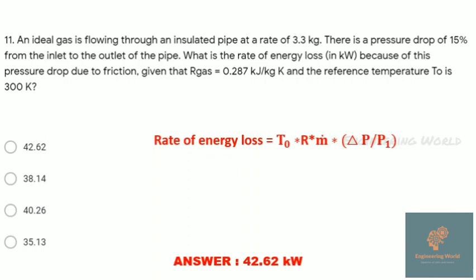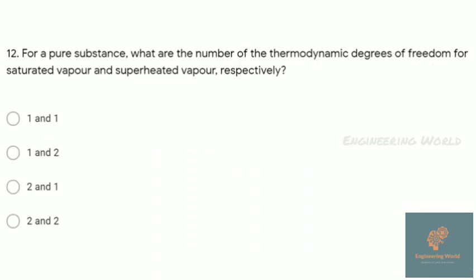So the next question is, for a pure substance, what are the number of thermodynamic degrees of freedom for a saturated vapor and superheated vapor respectively? We have to find it by Gibbs phase rule, which is P plus F is equal to C plus 2, where P is the number of phases, F degree of freedom, C number of components.